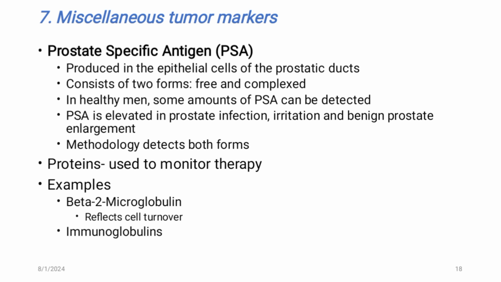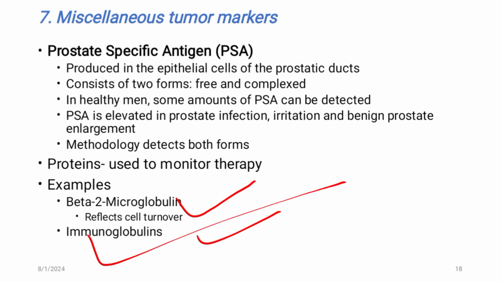The protein used for monitoring the treatment of cancer therapy is the beta 2 microglobulin. It would reflect the cell turnover, increased production of the cells, and immunoglobulins, which are the antibodies. So these are the proteins which are used to monitor the therapy.